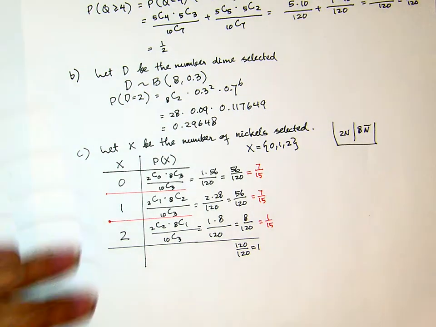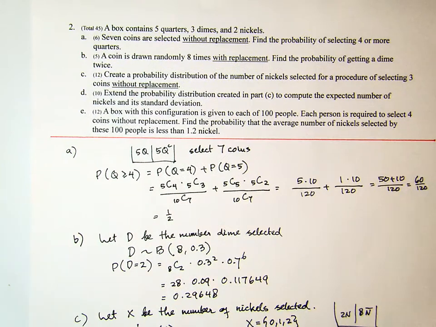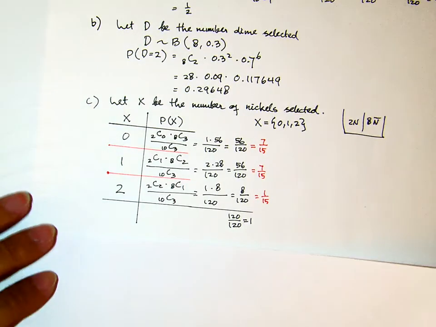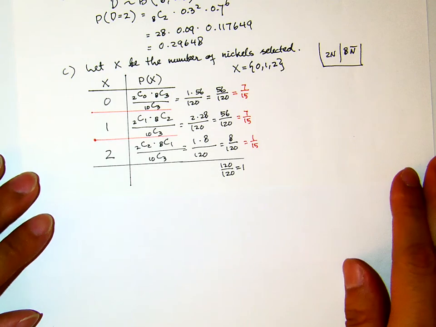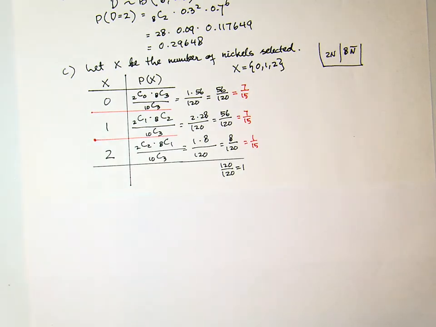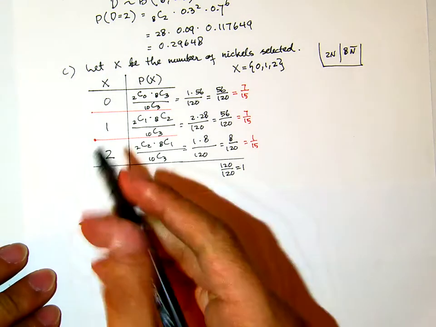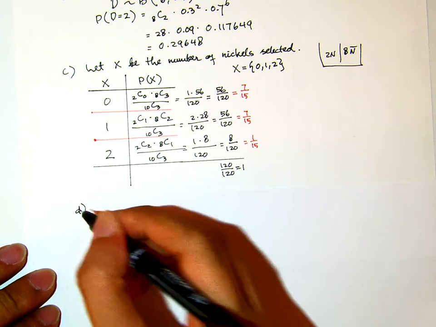In Part D, the question is: extend the probability distribution created in Part C to compute the expected number of nickels and its standard deviation. So what I will do is the following. I will redo the probability distribution so that I can extend it.